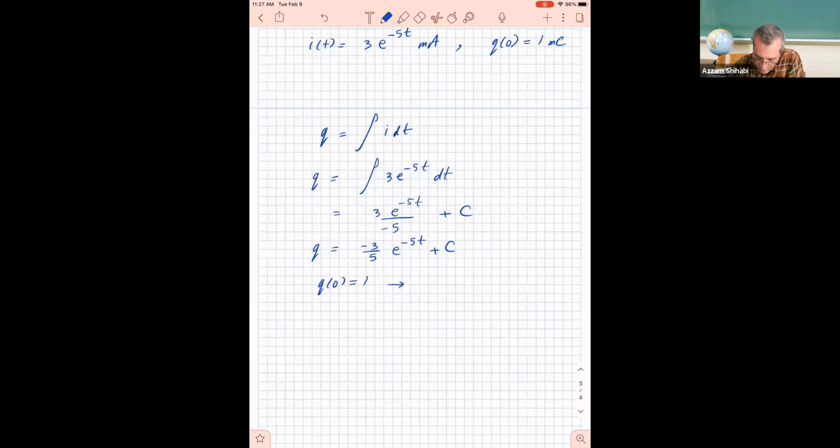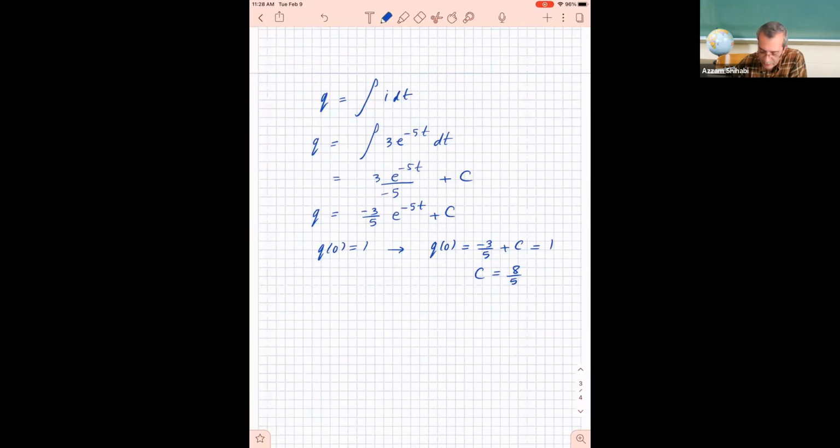So if I substitute 0 into t, that will give me negative 3 over 5 plus c, and that is equal to 1. So therefore, c is 8 over 5. So that's the constant. So now the expression for the charge is negative 3 over 5 e to the minus 5t plus 8 over 5.